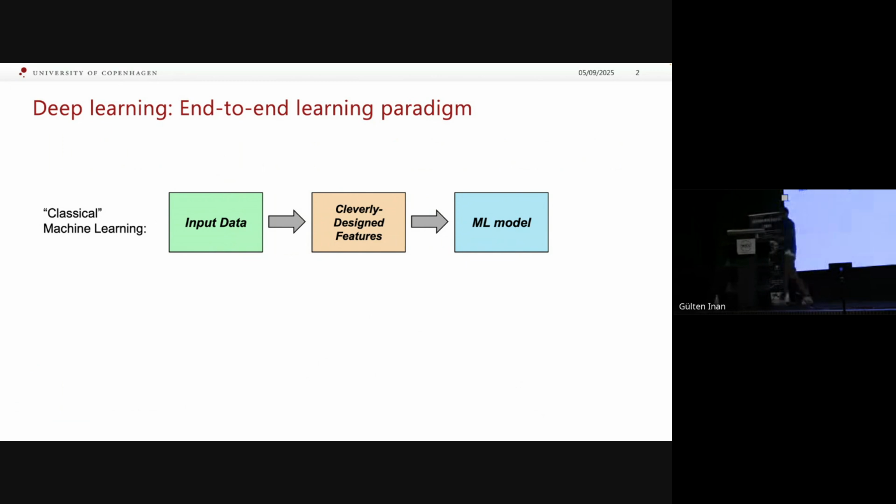So if you look at a more classical machine learning approach, we would have our raw data. This could be satellite observations. And then back in the days, or maybe still today, we would design some clever features by hand. And then we would pass that to a machine learning model. It could be a linear classifier, could be an SVM, a random forest, etc. Now, this requires designing very good features.